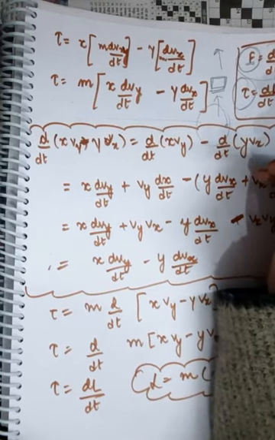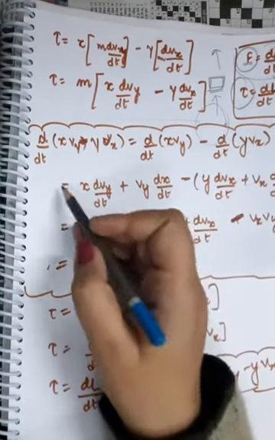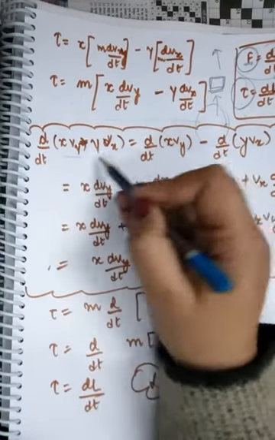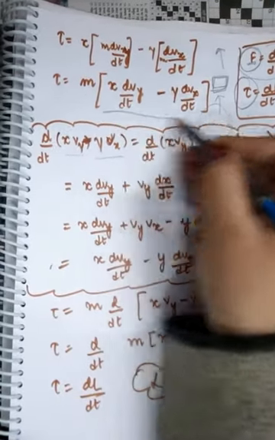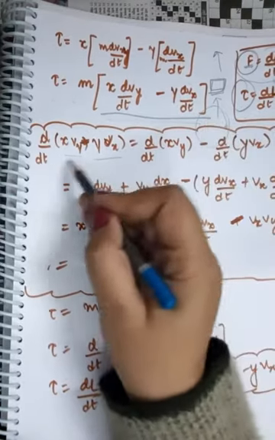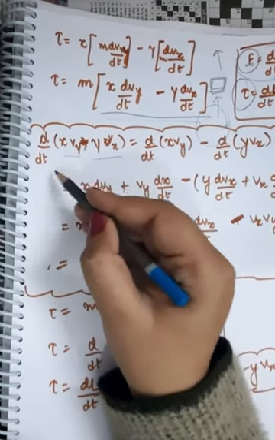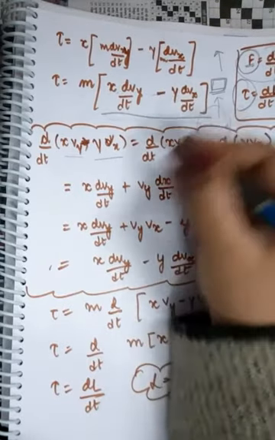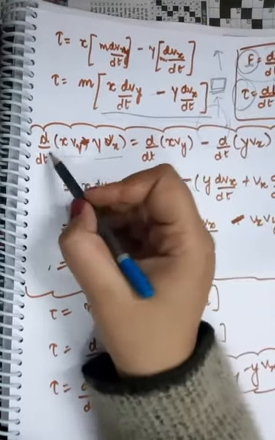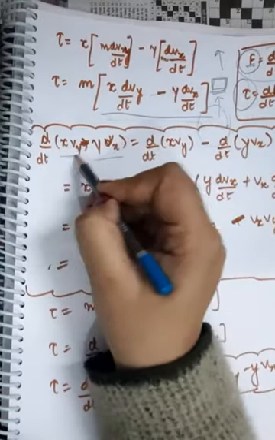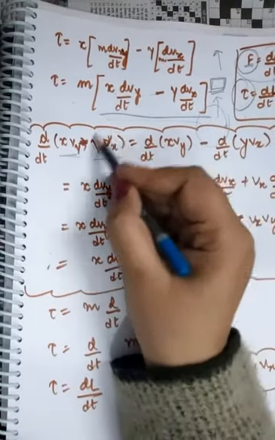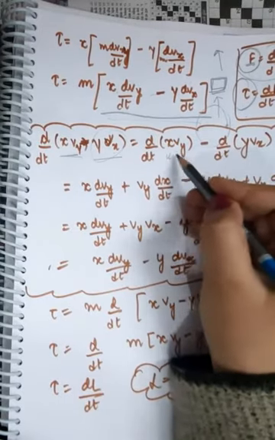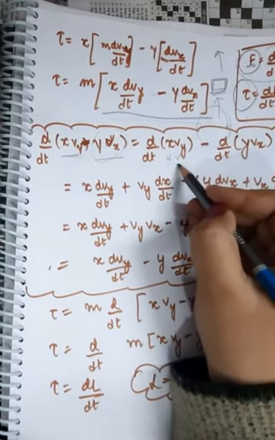So how can we go about it? First of all, let's do d/dt of (xvy minus yvx). We have got a form like this, no? This will be d/dt of this quantity minus d/dt of this quantity. Now this is u into v, which means product rule.